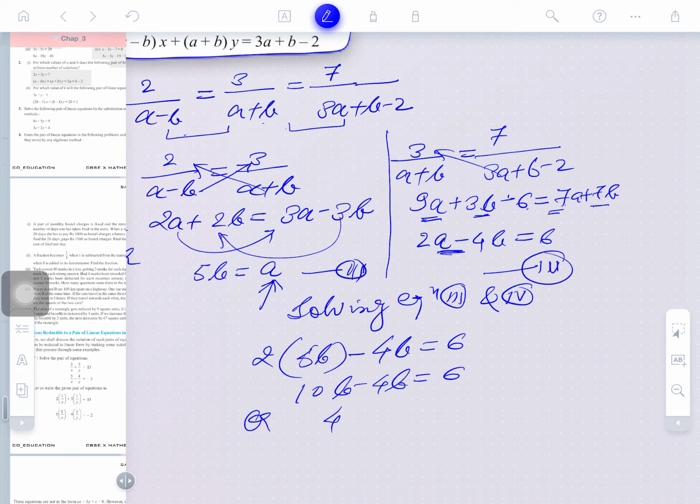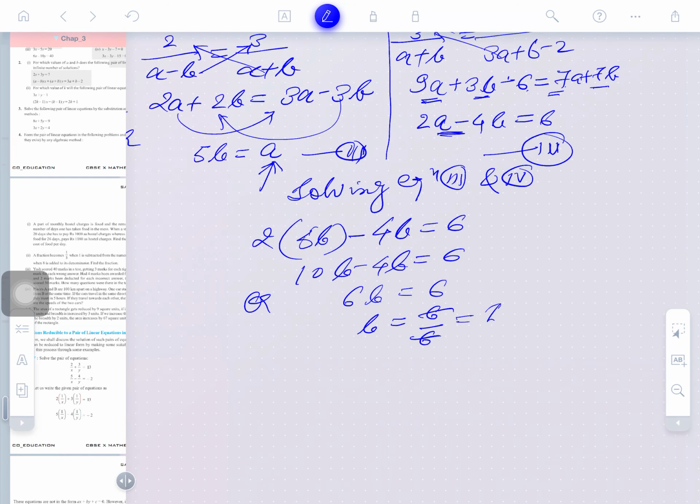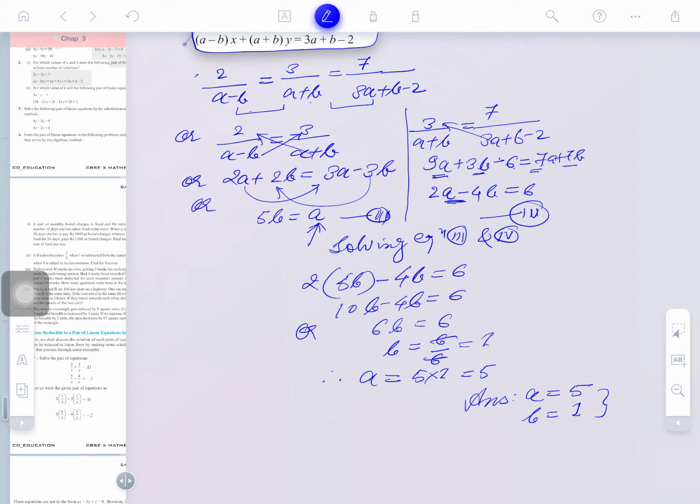So 6B will come here, or it's 6 also. So B is equal to 6 by 6. 1 will come here. So this is the value of B. Therefore, what will be A? A is equal to 5B. 5 into 1 together will be 5. It's the answer here. So A is equal to 5 and B is equal to 1. Its answer. Well, understood you?